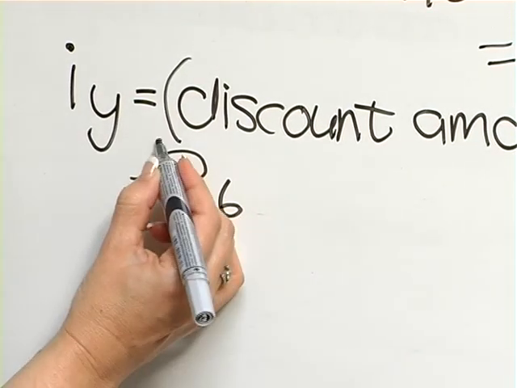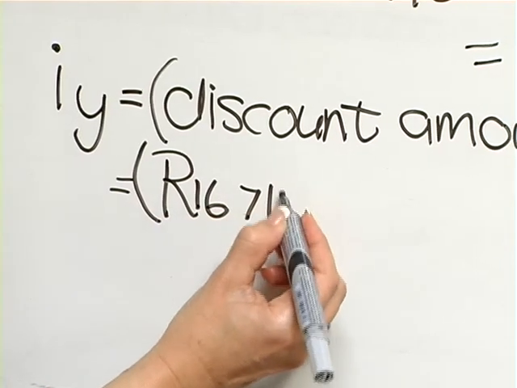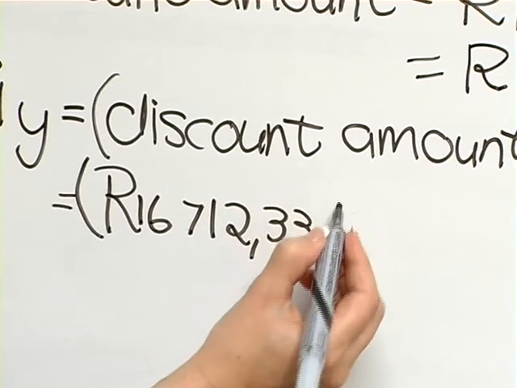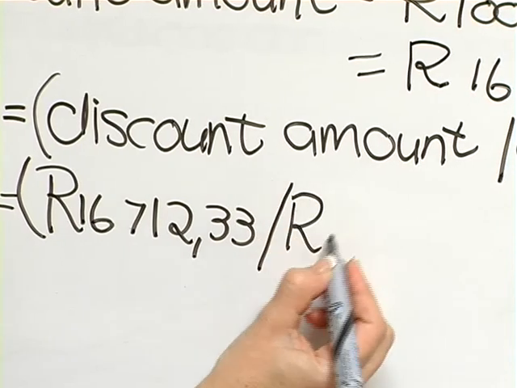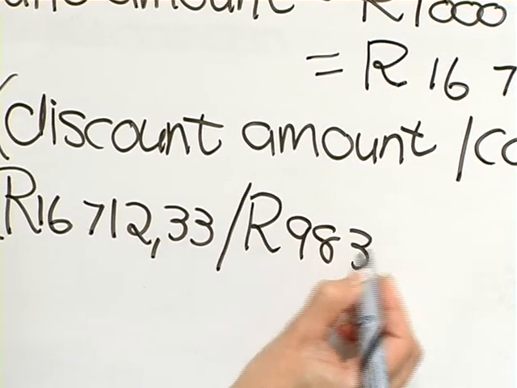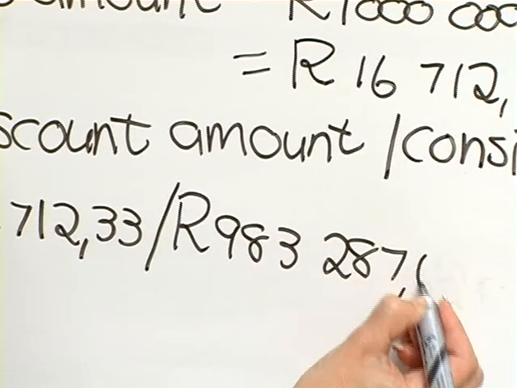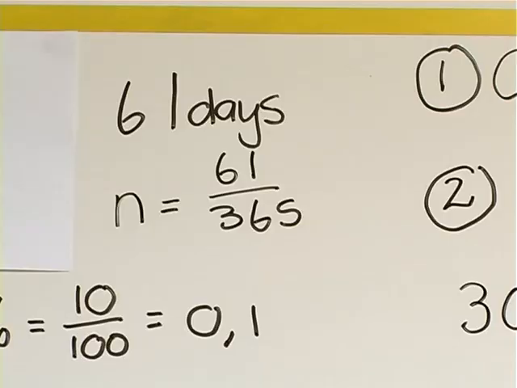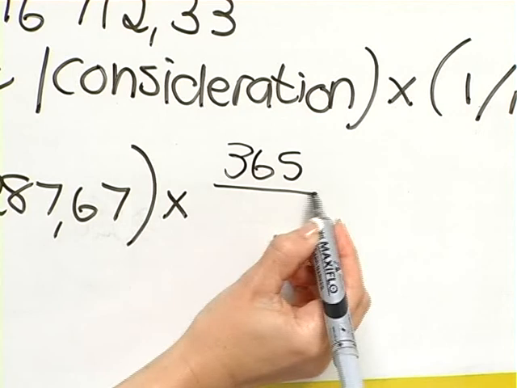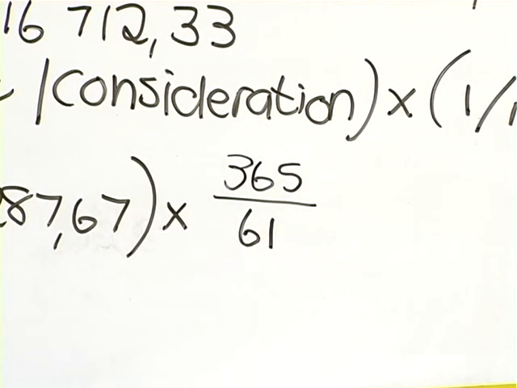It's 16,712 rand and 33 cents divided by your consideration, what you paid for it, 983,287.67 times, now if n is equal to 61 divided by 365, then 1 over n will be the inverse of that, 365 divided by 61.